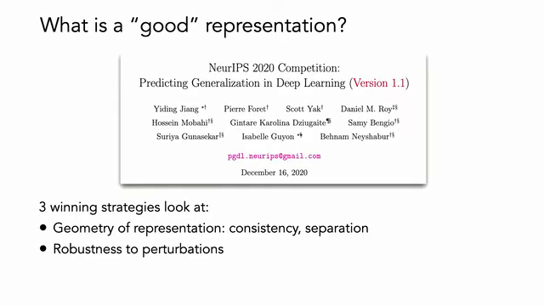And it turned out that a couple of winning strategies for this specifically looked at both the geometry of the representation, so that consistency and separation, how close together were things that were the same, how far apart were things that were different, but also robustness to perturbations. So if you move a little bit in any dimension or any direction, do you actually change something fundamental about the representation? And this really maps quite well, I think, to some of our own intuition about what might make something easy to learn.